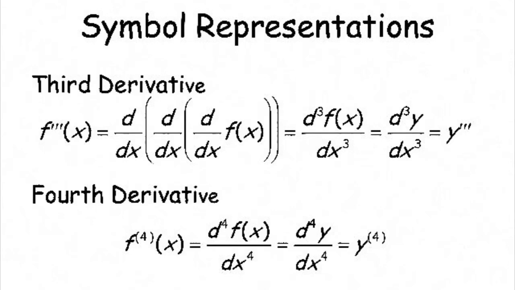That is why we can write it as d raised to 4 of f of x upon dx raised to 4, or d raised to 4 y upon dx raised to 4, or y raised to 4, and so on.